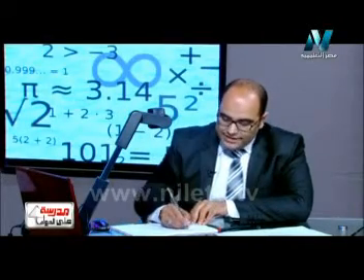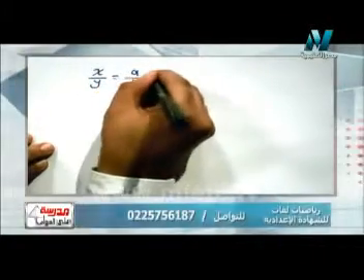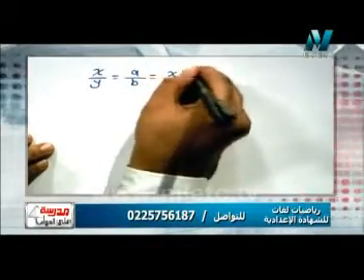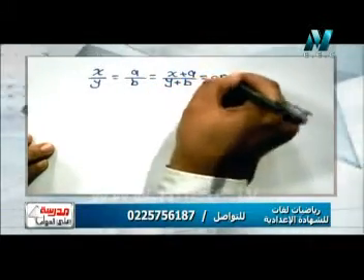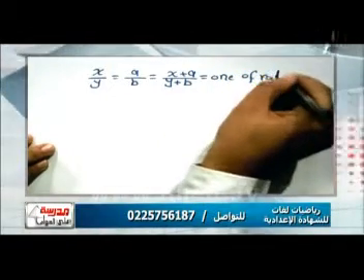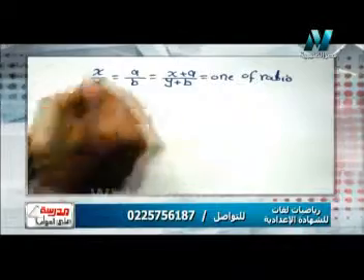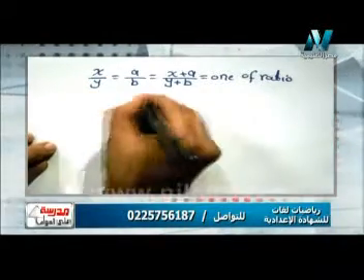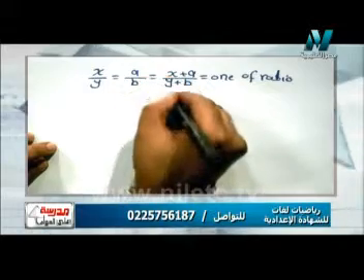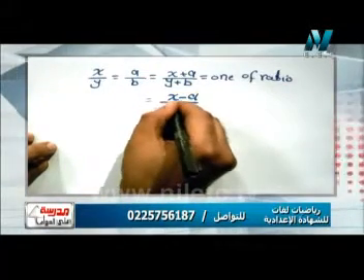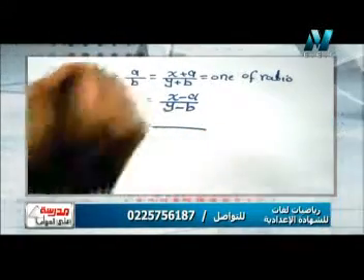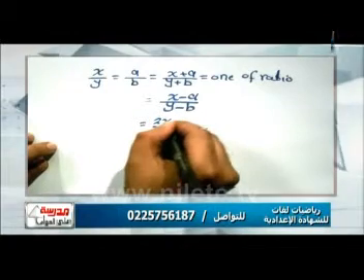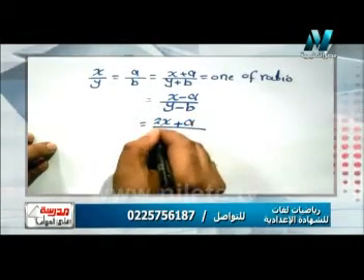For example, if I have x over y equals a over b, we can make it x plus a over y plus b, equal to one of the ratios. So I can add the antecedents and the consequents. Or we can subtract: x minus a over y minus b. We can also multiply the first ratio, for example taking 2x plus a over 2y plus b.